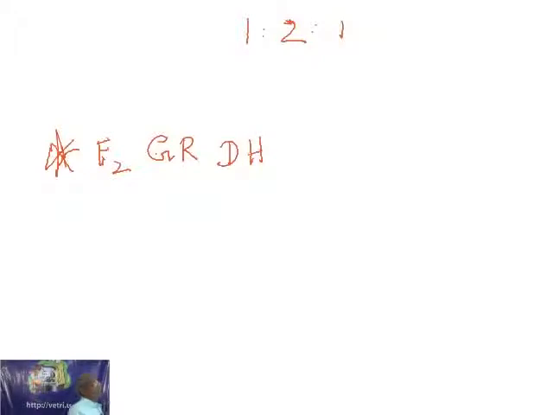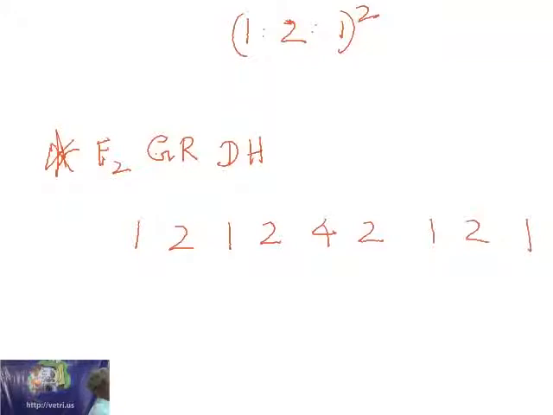This is the F2 generation genotypic ratio for the monohybrid cross. Then if you square it, you will be getting this. So what is the ratio? If you just do this, you will understand that it is 1:2:1, 2:4:2, 1:2:1. How have I done this?